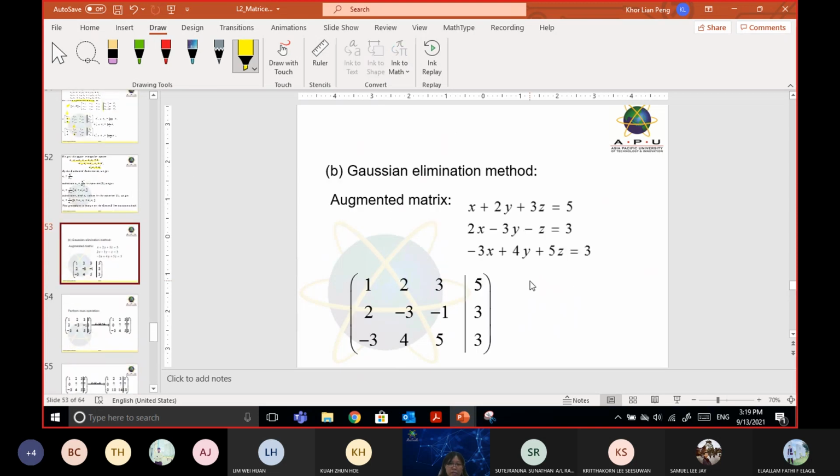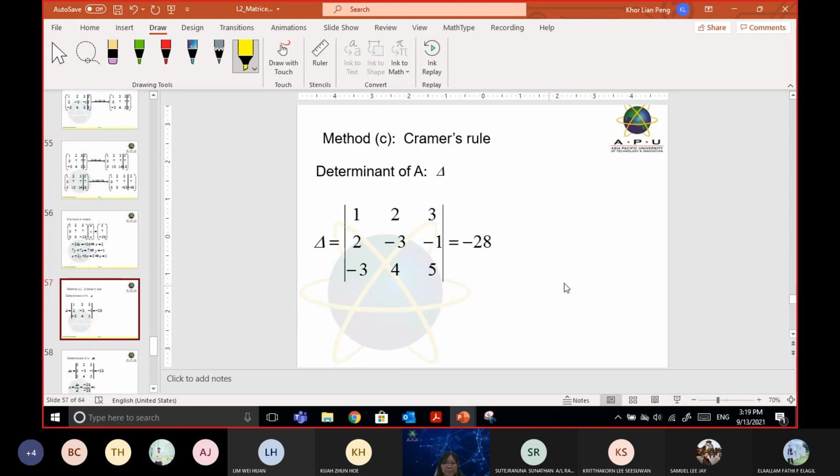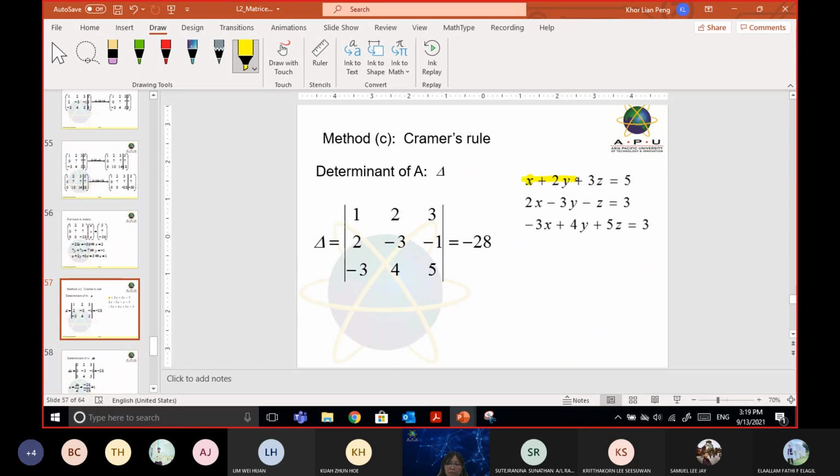If I refer to the equations here, we are taking the coefficients of x, y, z for the matrix. The first determinant we want to find, we just get the coefficients from here first, then get the determinant.